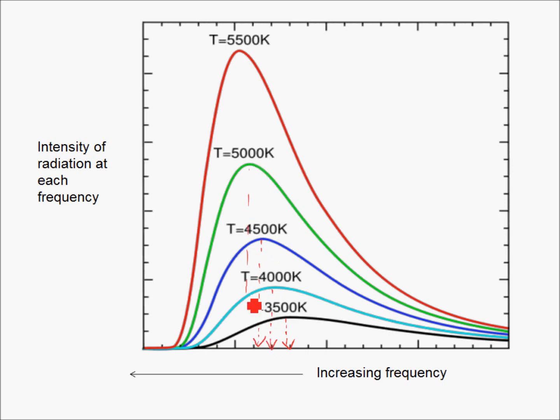Even hotter, increased frequency, even hotter, increased frequency. So this chart shows that as the temperature of a star increases, the peak frequency also increases.